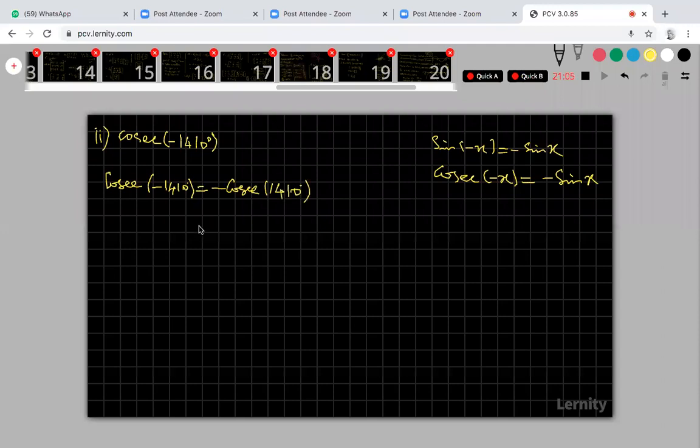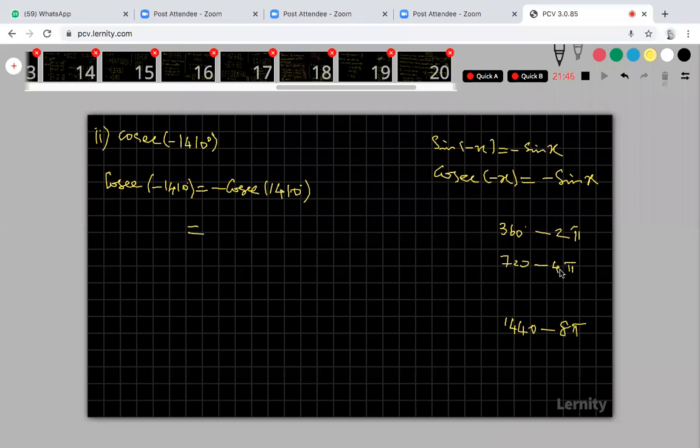Now this 1410 can be written as follows. I have already told that 360 is one revolution, that is 2 pi. 720 is another revolution, this is 4 pi. 720 plus 720, 2 times 720, is 1440, so this is 8 pi.